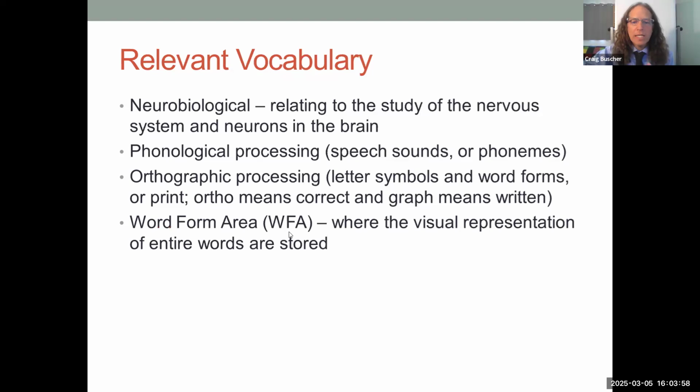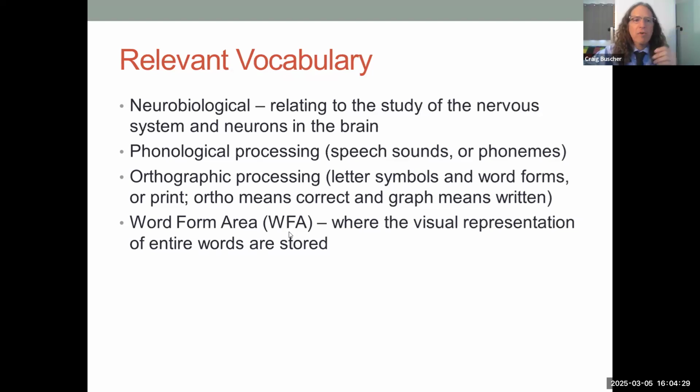Somewhat related to that, those of us who become proficient readers, the large reason why that's happened is because we've stored a lot of words in that back part of our brain that we can recognize very, very quickly when we see them. Like this word relevant that's on the slide right now. When you see that, you're recognizing it in an instant, because that word is stored in what we call the visual word form area.